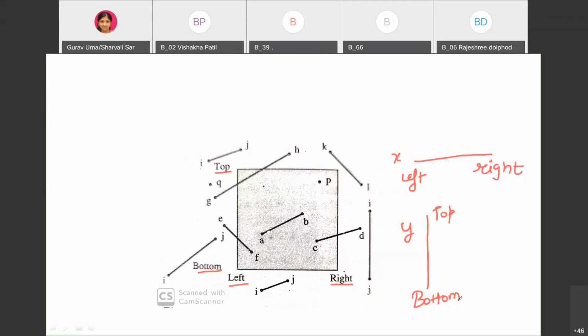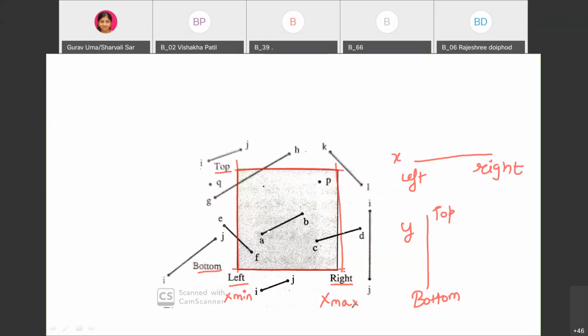Now in this case of window, see, suppose this is my window. Now in this window, let's assign max and min values. Left side will be my x min, whereas my right side will be x max.